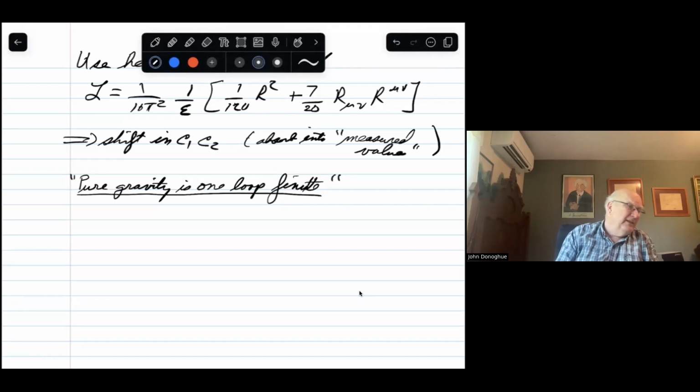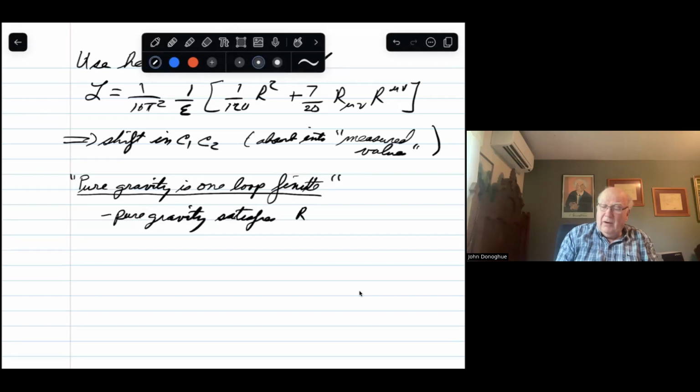But the point of this phrasing is that pure gravity satisfies an equation of motion, R_mu nu equals 0.